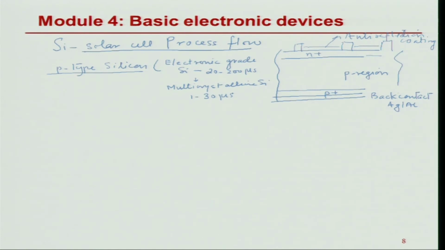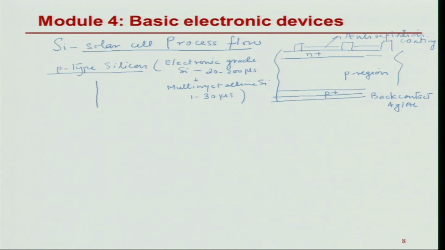And then there are other things which are coming up which reduce further the lifetime to some extent, but the cost reduction is much more, so that is still beneficial. So the drive here is basically to reduce the cost, even at the cost of the efficiency. We don't necessarily want 25%, but if I can reduce cost quite a lot, I am still in business to provide power to people. So that is the first step, to reduce cost of p-type silicon itself.